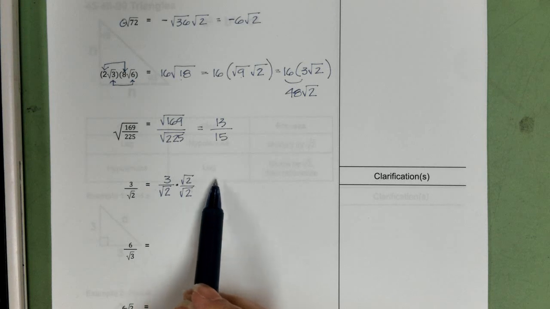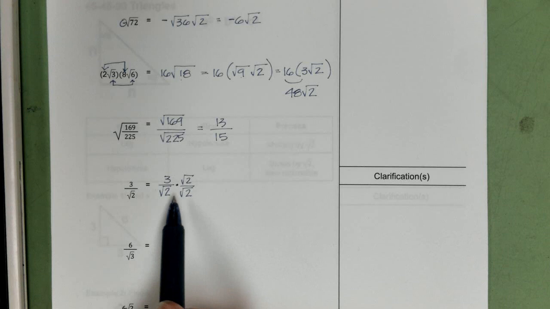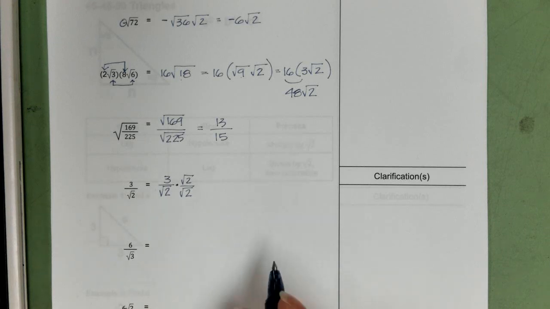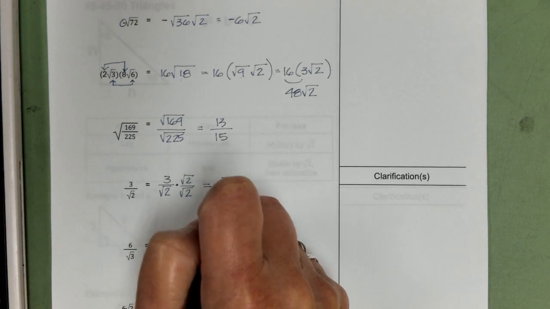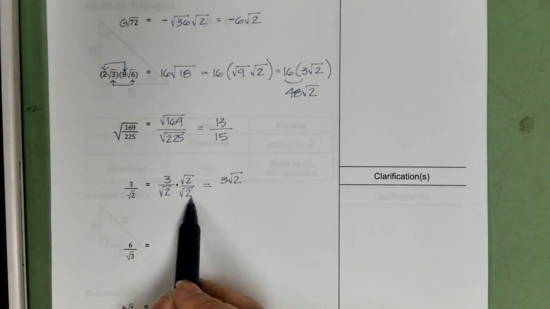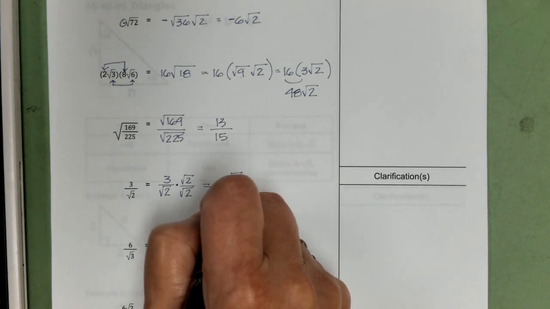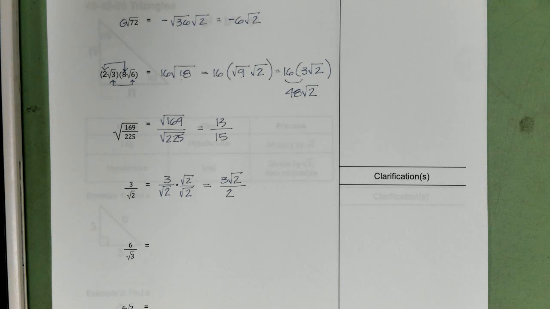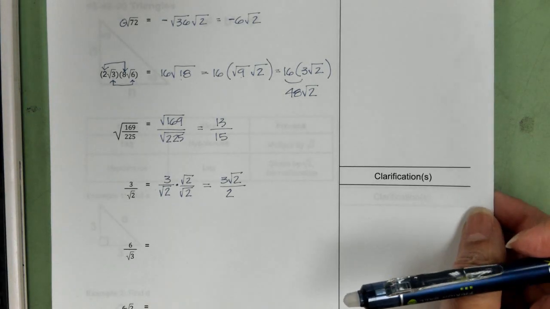And since I have the square root of 2 over the square root of 2, this is equivalent to 1. So our value's not changing, just the way the fraction looks. So this becomes 3 square root of 2. When you take a square root and multiply it by itself, the answer is simply going to be the value under the radical sign. So we have 3 square root of 2 divided by 2.